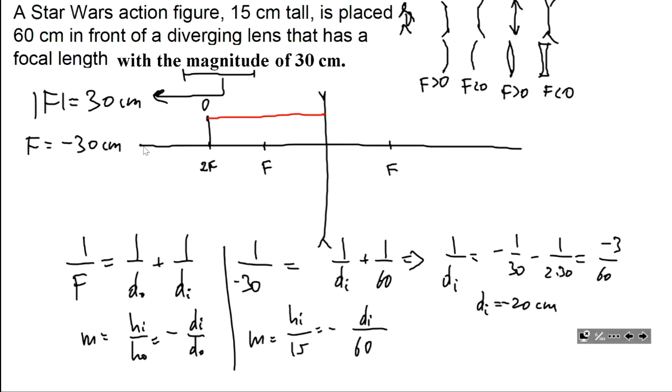Well, a converging device always bends a ray toward the principal axis. A diverging device always bends a ray away from the principal axis.